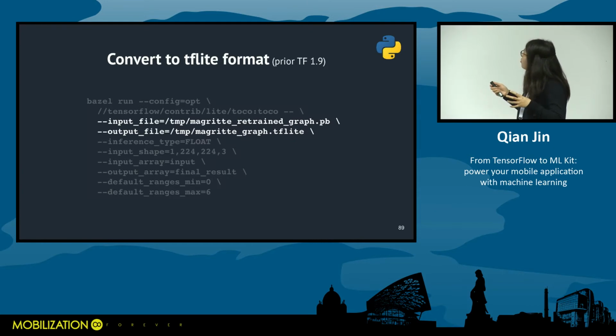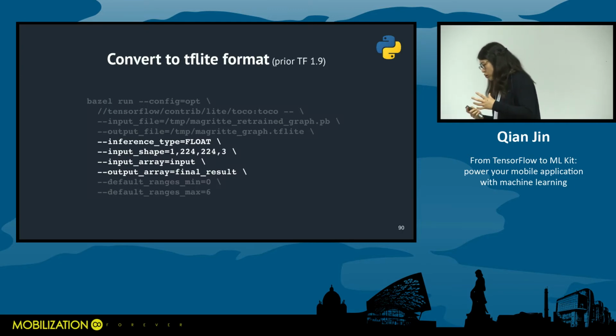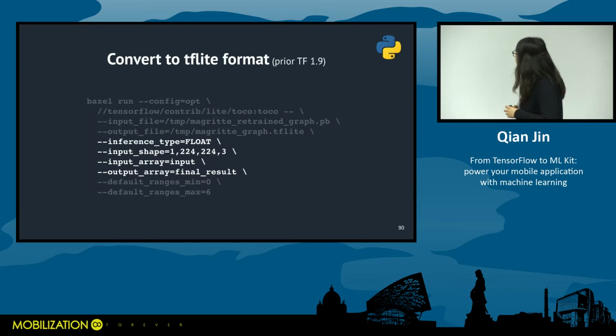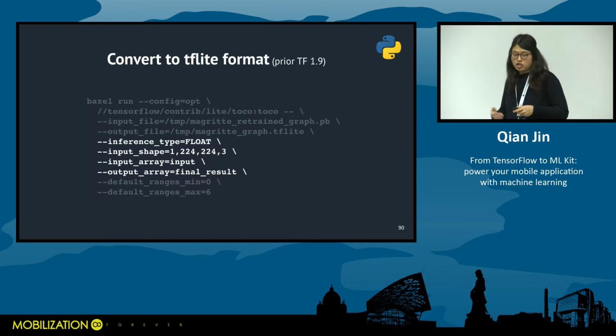You just tell it what your input is, what your output is, and what the inference type is. Here I'm demonstrating a float model as an example. As you can see, in the input shape, the 1 means I have one batch of images. 224 by 224 is the size of my image, height and width. The 3 means I have 3 channels in my image because it's an RGB image.